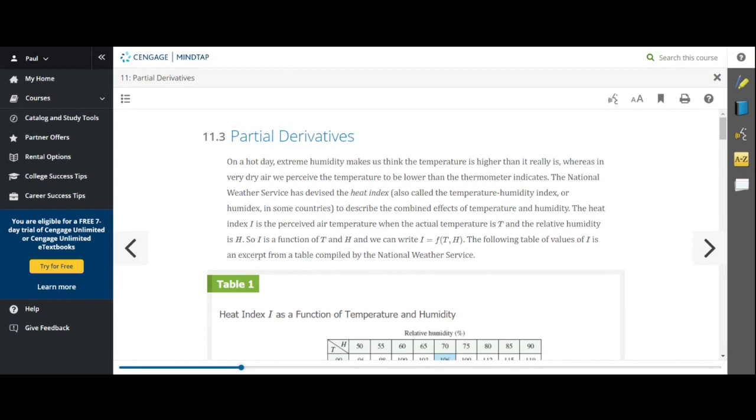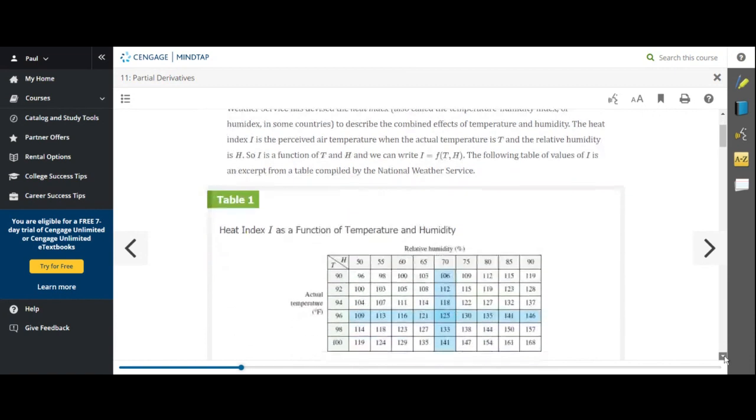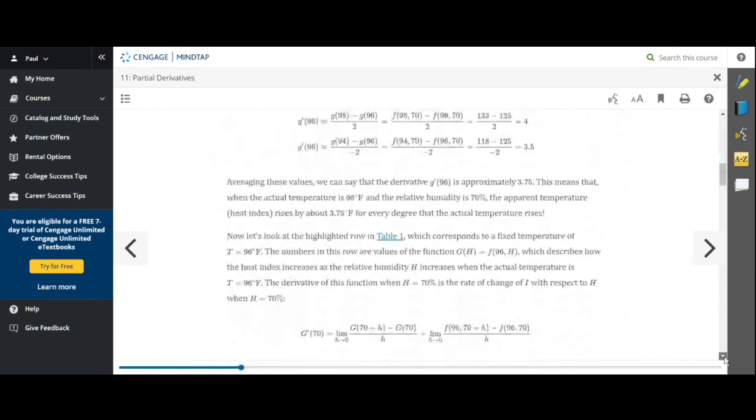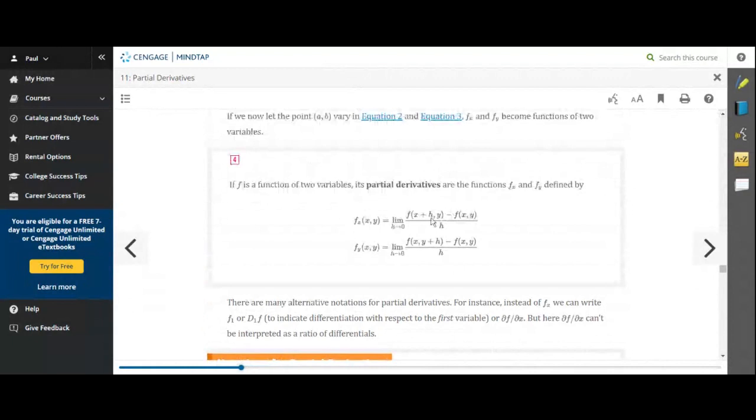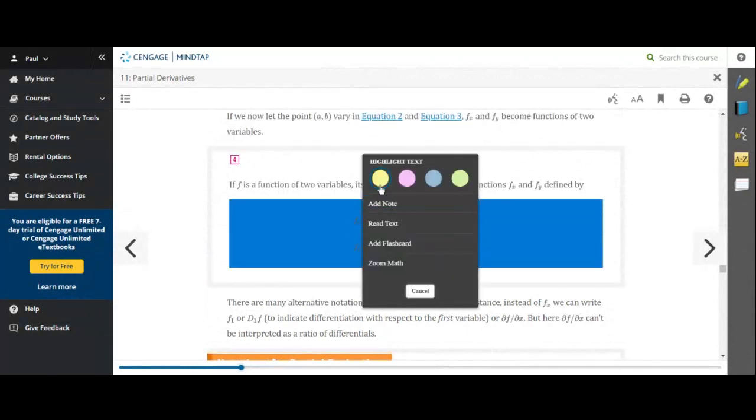So let me go through here. Partial derivatives. What is a partial derivative? Well, it's a rate. And the formal definition of a partial derivative is right here.